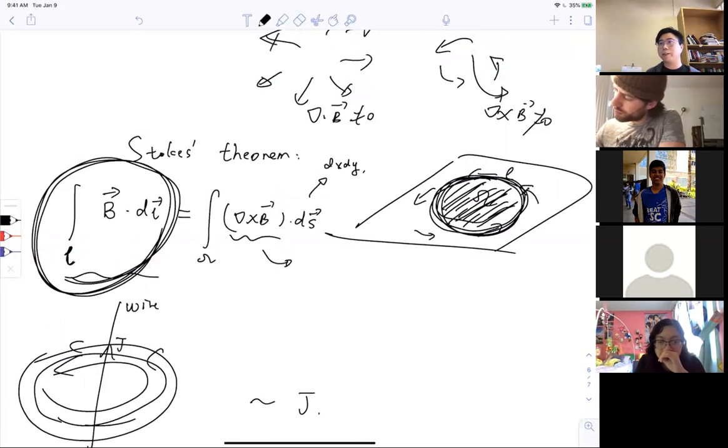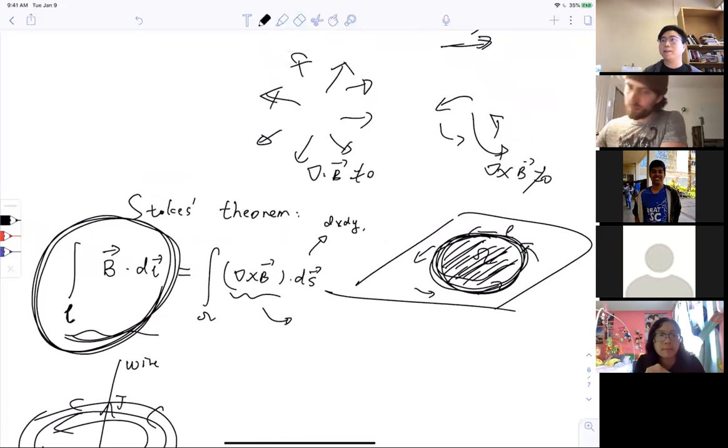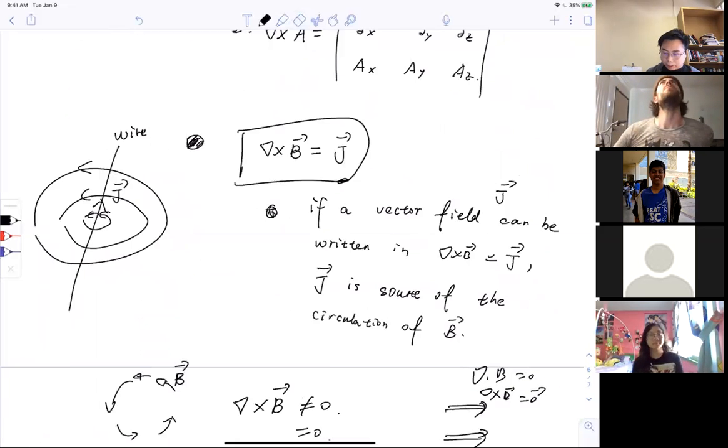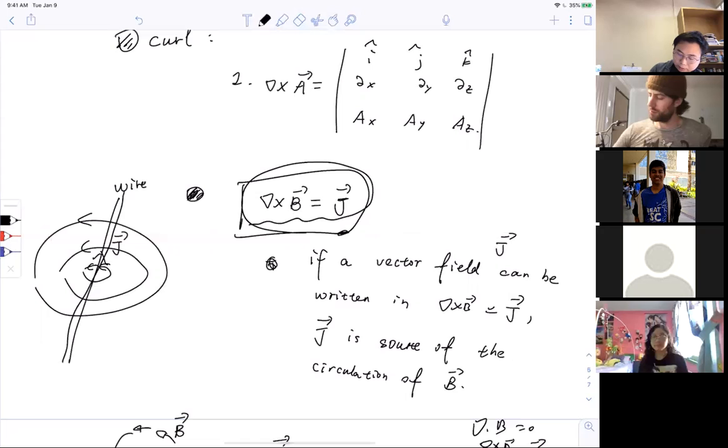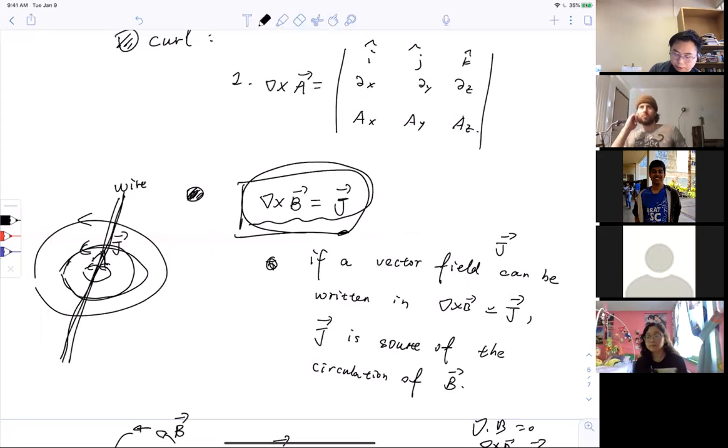Okay, so why is it called circulation density? Here is because according to this kind of intuition, if I have a wire, then it will create a circulating magnetic field. Because we have such a current, then we have such a circulating magnetic field.